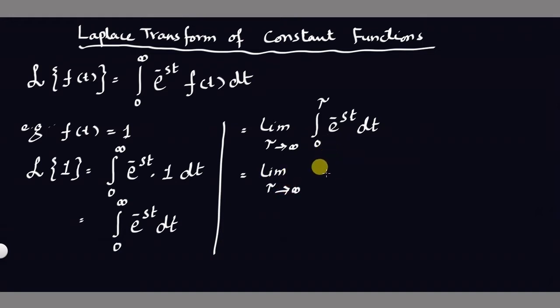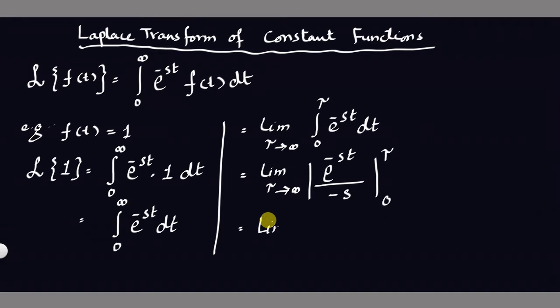You will see the integral of e raised to the power minus st will be equal to this one, and we will apply the upper and lower limit over here.